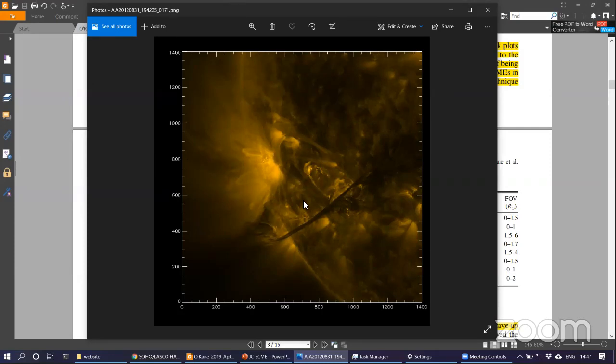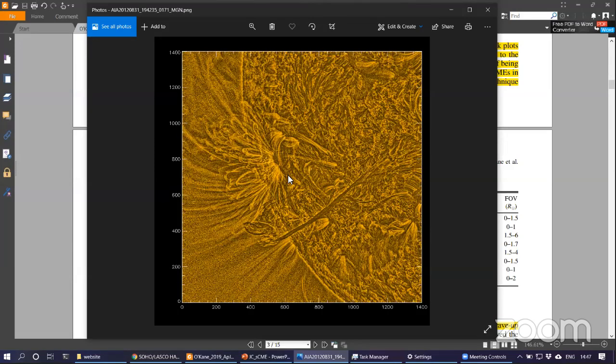But if you apply the MGN technique, multi-scale Gaussian normalization, you get something like this. The bright features as well as the dark features all come on the same footing, so you can identify all the features in one go in a single image.